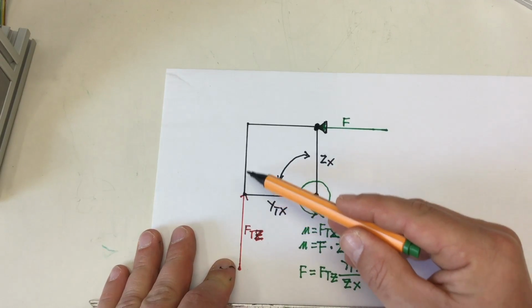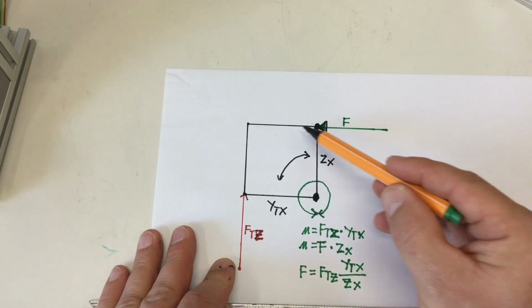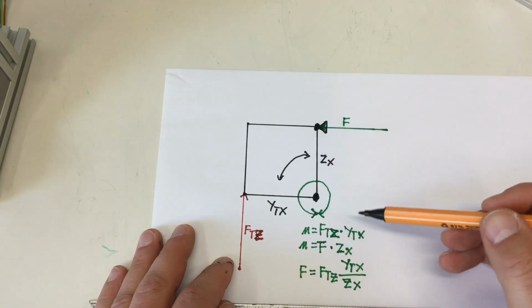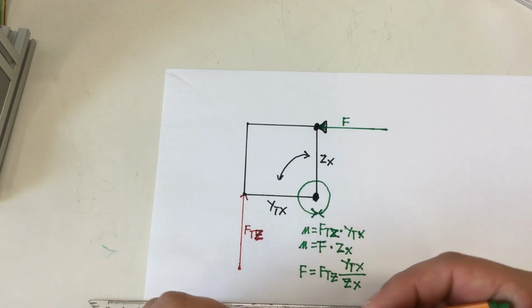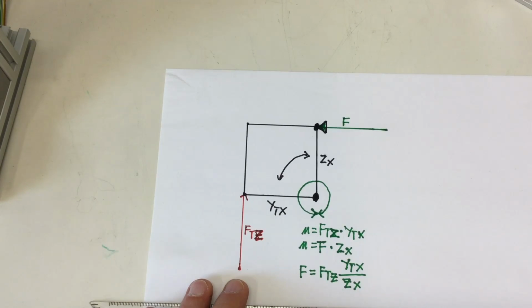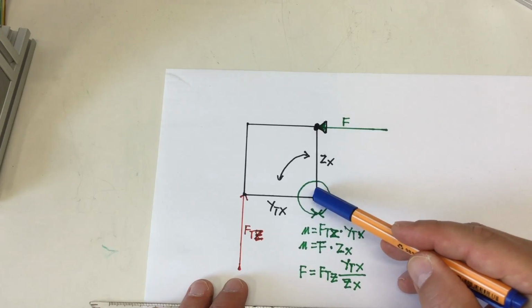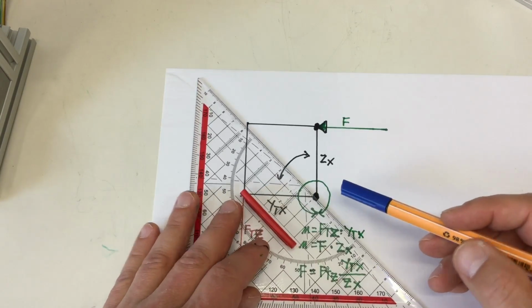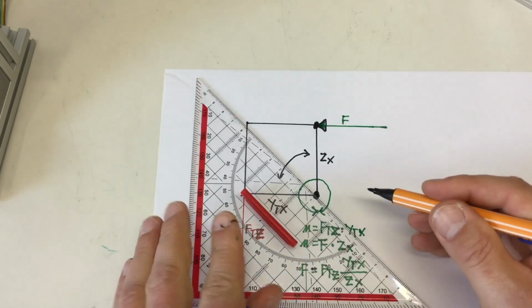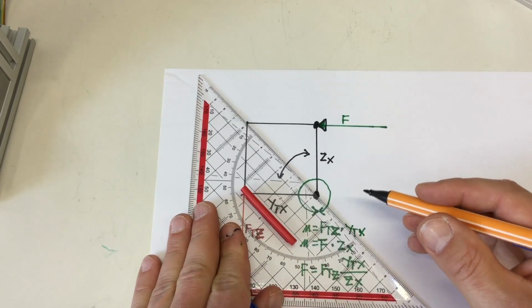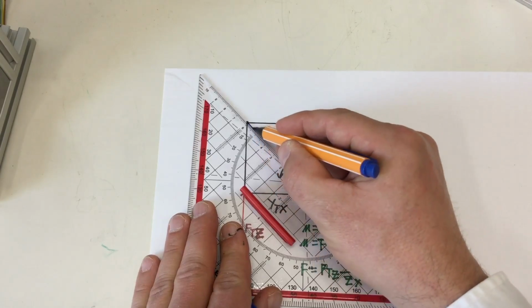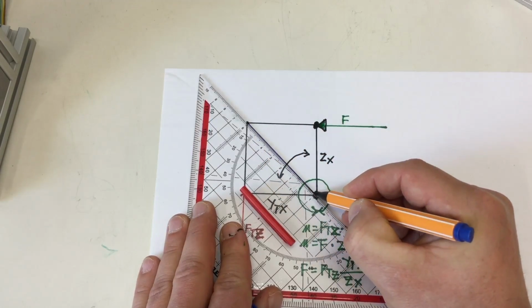You remember, if the forces all meet in one point, and they do in that case, we can simply say the resulting force this bearing has to take is simply the diagonal here.